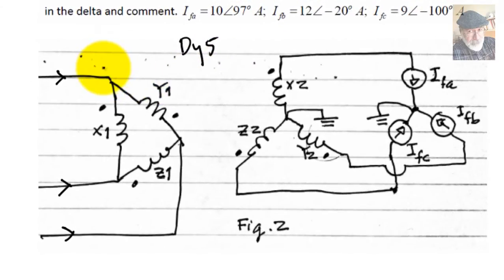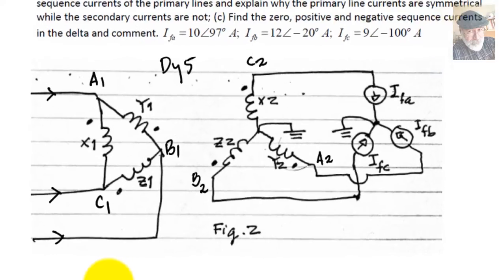This would be phase A of the primary, phase B of the primary, and phase C of the primary. And given that it's a DY5, this is phase A of the secondary, phase B of the secondary, and phase C of the secondary. Positive sequence, right? That is a direction for choosing the names. And then we draw the sequence networks for zero, positive and negative sequence.